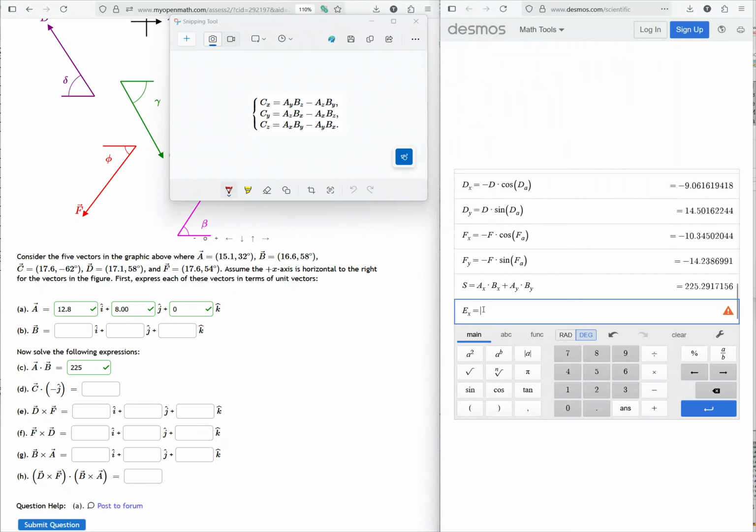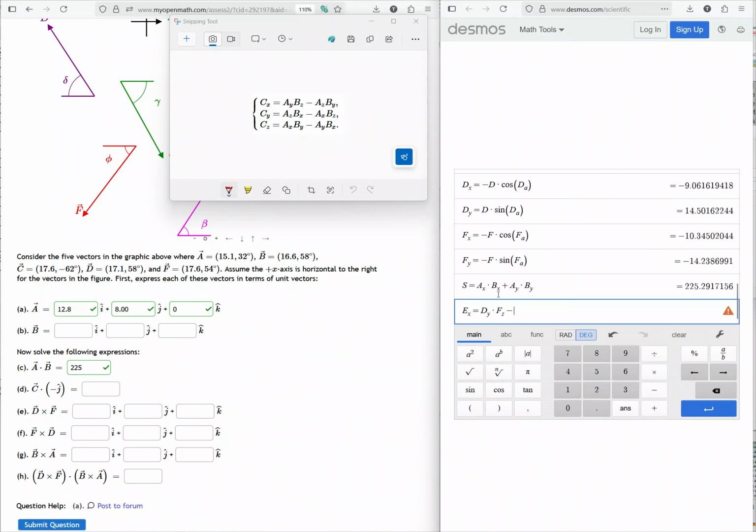So what we are going to have is D sub Y times F sub Z, and we are going to have a problem because we don't have F sub Z, but F sub Z is 0.